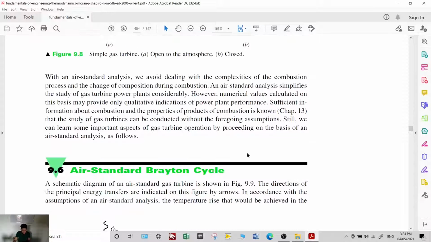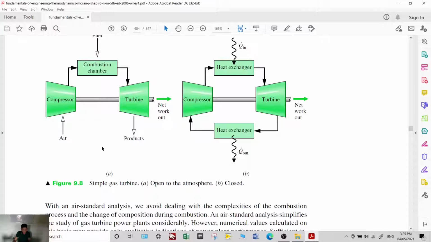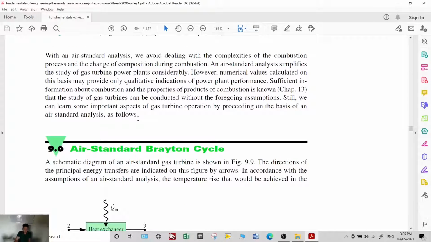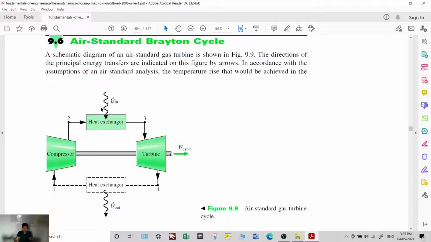Okay, so in order to analyze this one, by the way, the work that is supplied to the compressor is supplied by the turbine. As the turbine spins, it produces work, and a portion of that work is used to drive the compressor. How do we analyze this? We use the Brayton cycle.